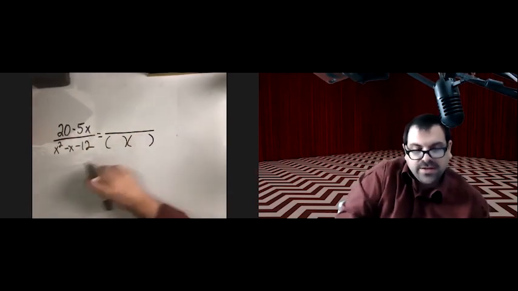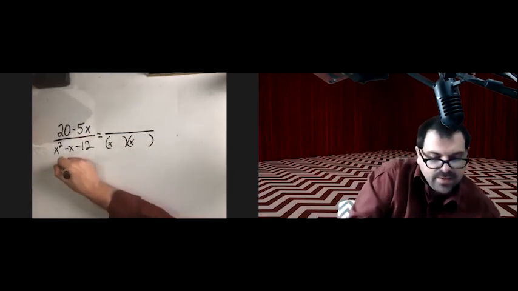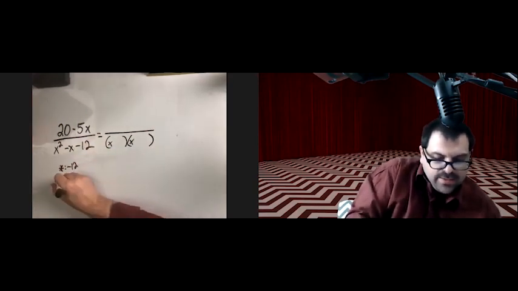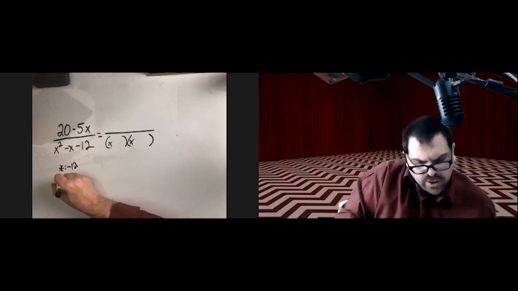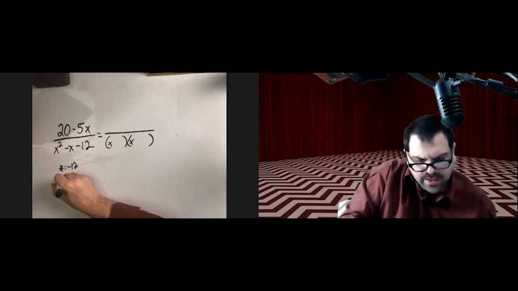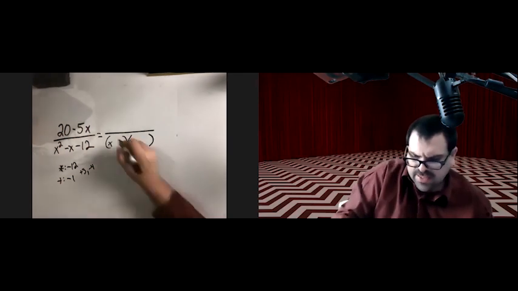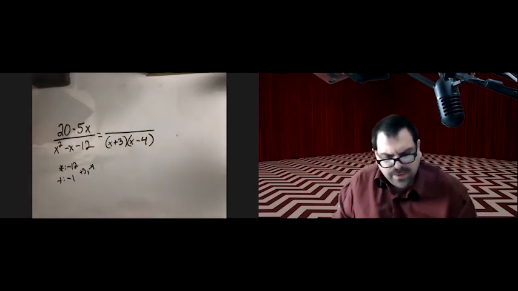The bottom factors: we need numbers, x and x, numbers that multiply to -12 and add to -1. Those numbers are going to be +3 and -4. Multiply to -12, add to -1: +3, -4.